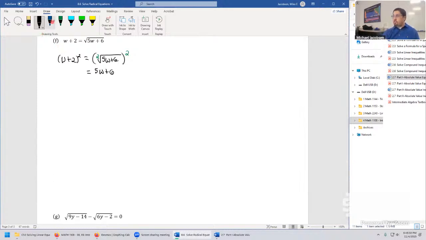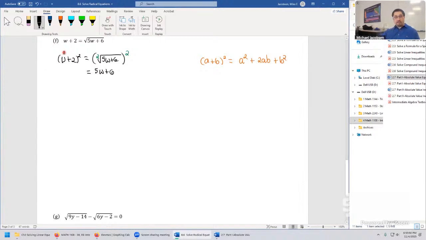And when we FOIL out the w plus 2 squared, you can expand it out as w plus 2 times w plus 2, but you can also think of it in these terms. This is just one of those expressions, a plus b squared, from our special factoring section in chapter 6. I think this was section 6.3. Every time you FOIL this out, you get a squared plus 2 times ab plus b squared.